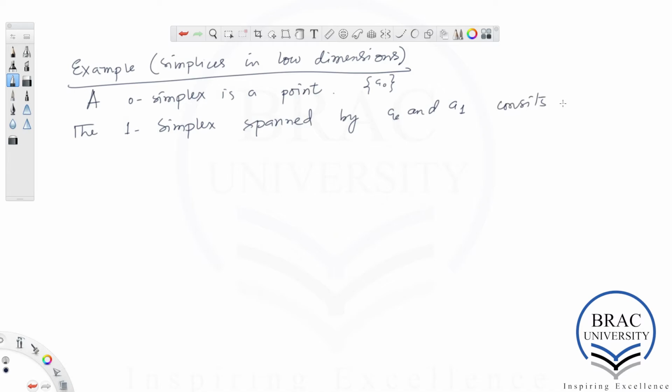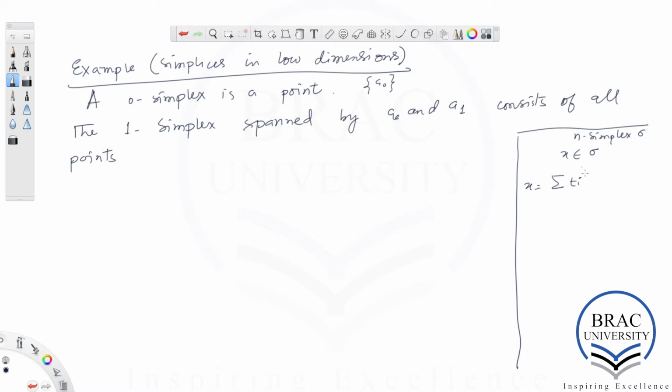consists of all points. Remember the general expression of the points of n simplex sigma: x belongs to sigma, and x is written as the sum of all the expressions ti ai, where i runs from 0 to n, and where the scalars in this expression should satisfy this constraint: the sum of all the ti's as i runs from 0 to n has to be equal to 1.